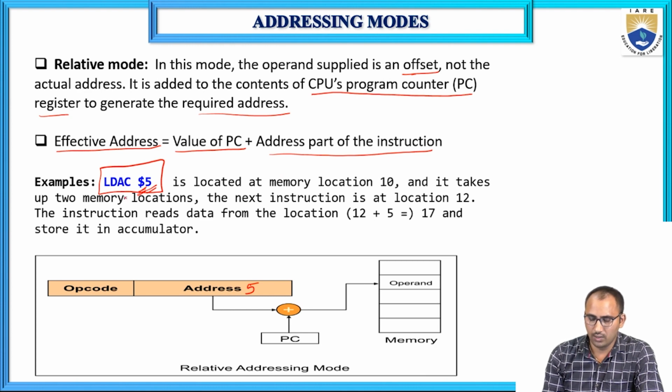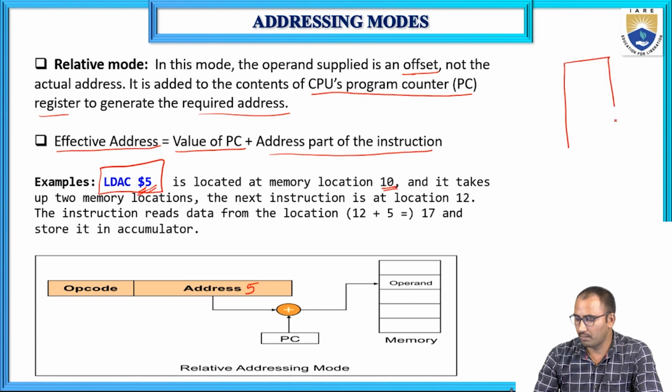See here. For example, LDAC 5 is located at memory location 10. So this instruction is located at the 10th location. We have a memory: this is 10, 11.